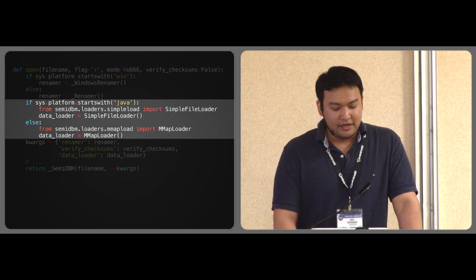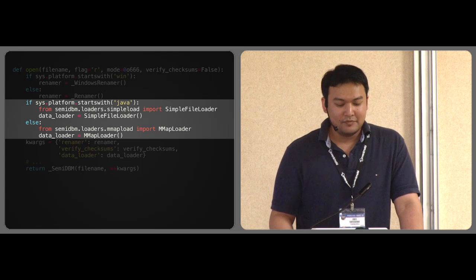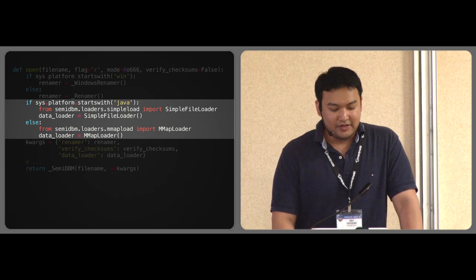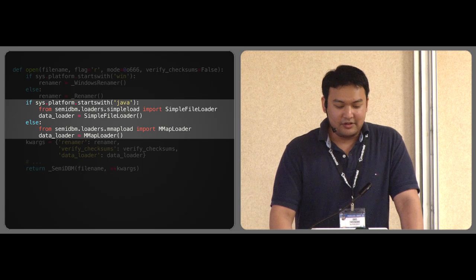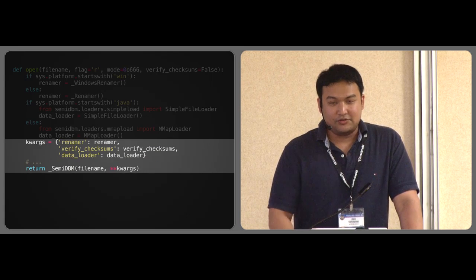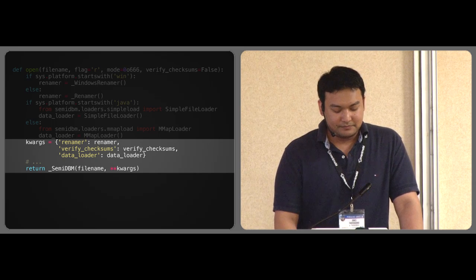If you're on, this is actually something we don't get to look at, alternate Python VMs. So there's CPython versus PyPy versus Jython. In this case, Jython doesn't have a particular module, so we're going to use a simple file-based loader. Otherwise, we're going to use a more efficient loader. And then you just return the actual object you're creating based on the parameters here.